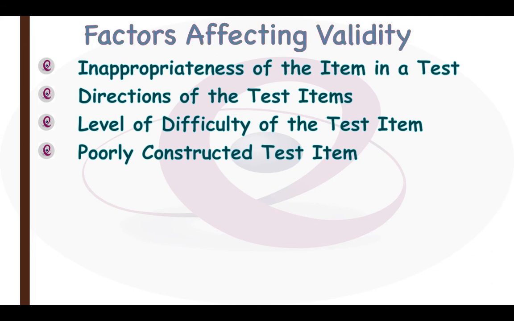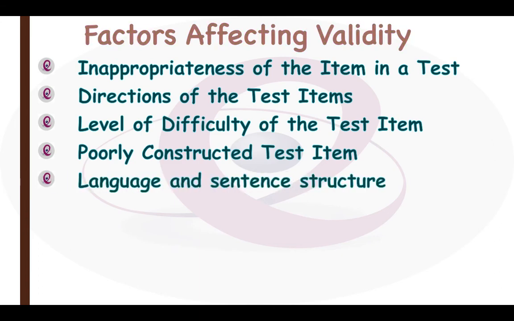It measures the alertness of the students in detecting the clues. Language should be easy, that can be understood by a particular group of students. Sentence structure that does not match the level of that particular group may affect the validity of the results.